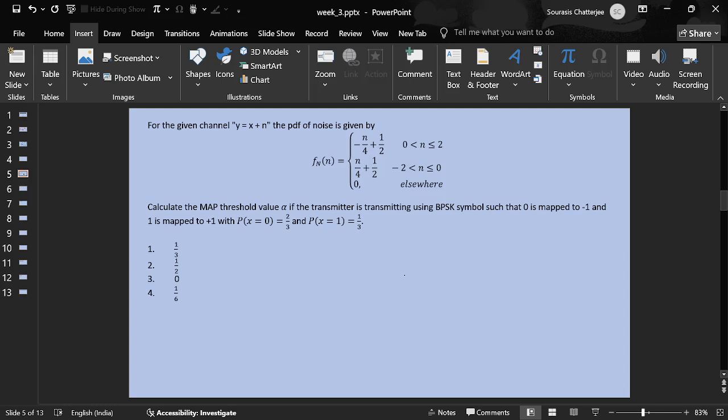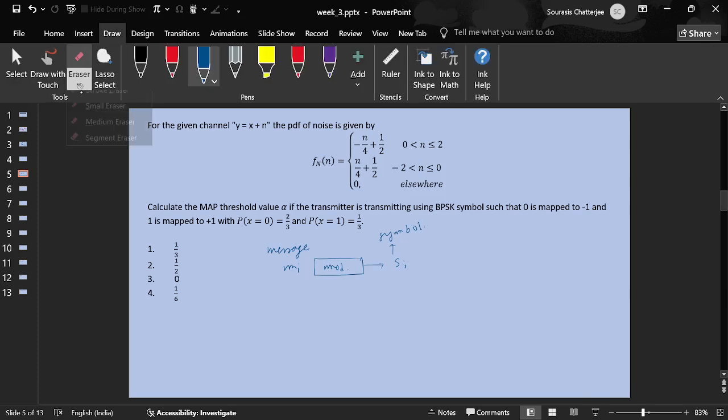Okay, let me set the ground here. The question is saying you are feeding some message mi, and those are getting mapped to symbols. You do some modulation here, you are getting si, that is a symbol here. Here it's saying this is X, so let me change the notation.